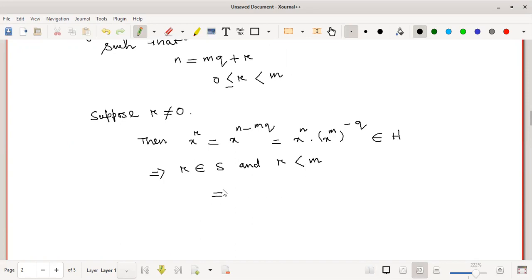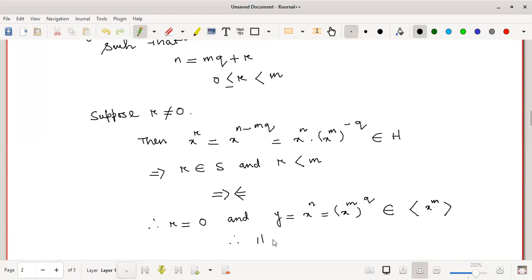This is a contradiction because m is the least element in S. Therefore, r equals 0 and y is equal to x to the power n, which is equal to x to the power m to the power q. And definitely this belongs to the subgroup generated by x to the power m.